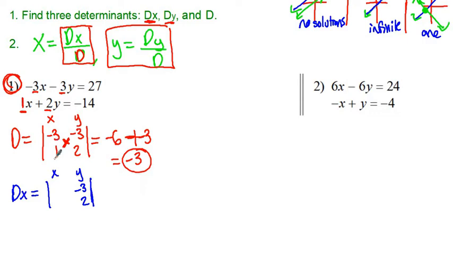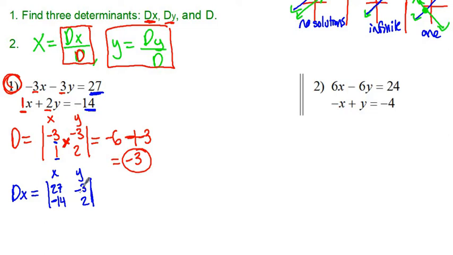Instead of putting -3 and 1 in the x column like we did for regular big D, we're going to replace that column with the answers to this system, with 27 and -14. Again, we're trying to find the x determinant, so the x column is what gets replaced with the answers. And there is a proof.